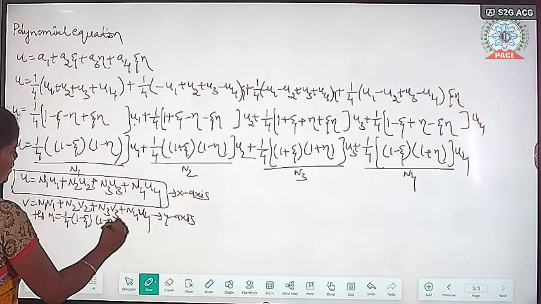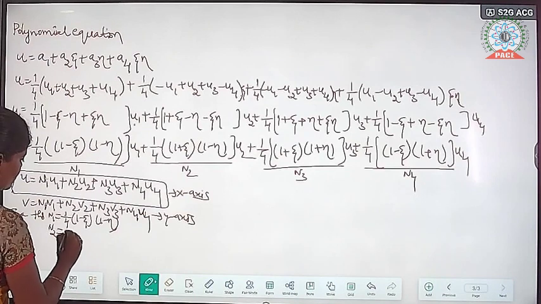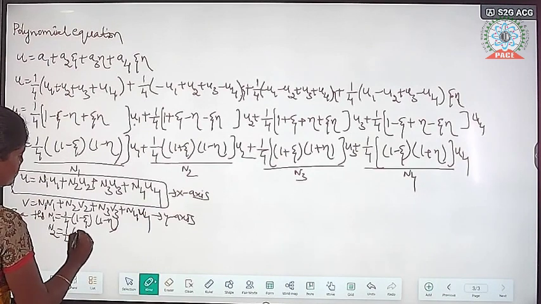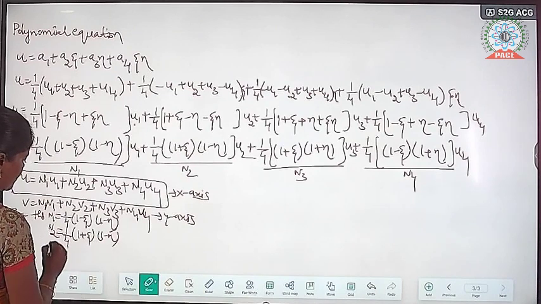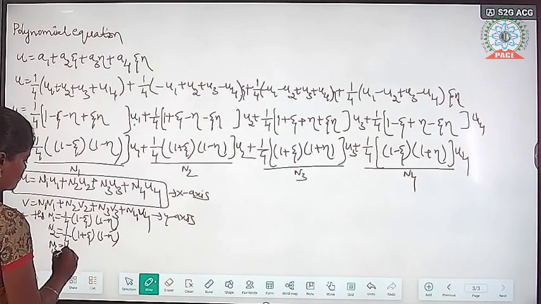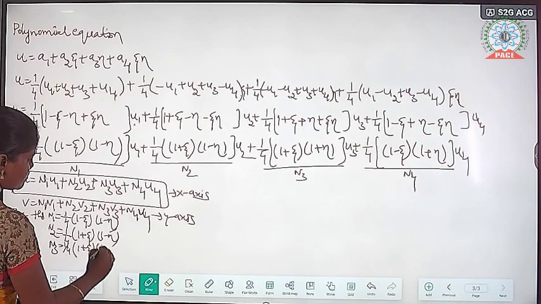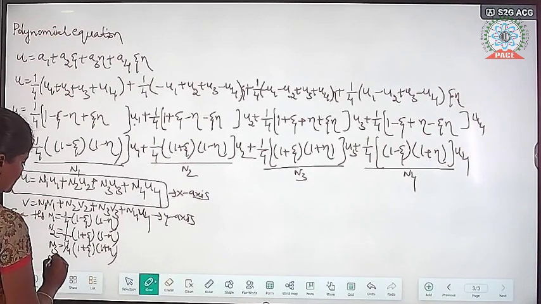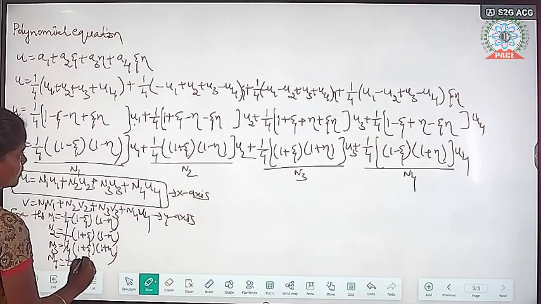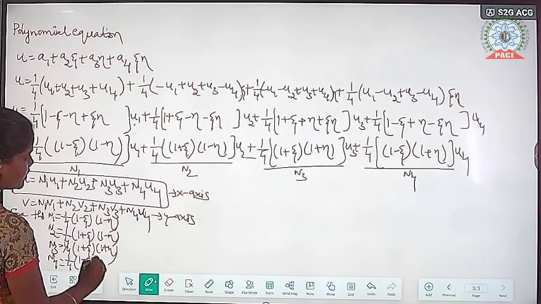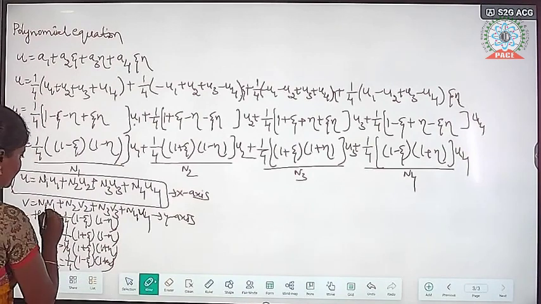N2 is equal to 1 by 4 into (1 plus xi) into (1 minus eta). N3 is equal to 1 by 4 into (1 plus xi) into (1 plus eta). N4 is equal to 1 by 4 into (1 minus xi) into (1 plus eta). These are the shape function equations we use in problems.